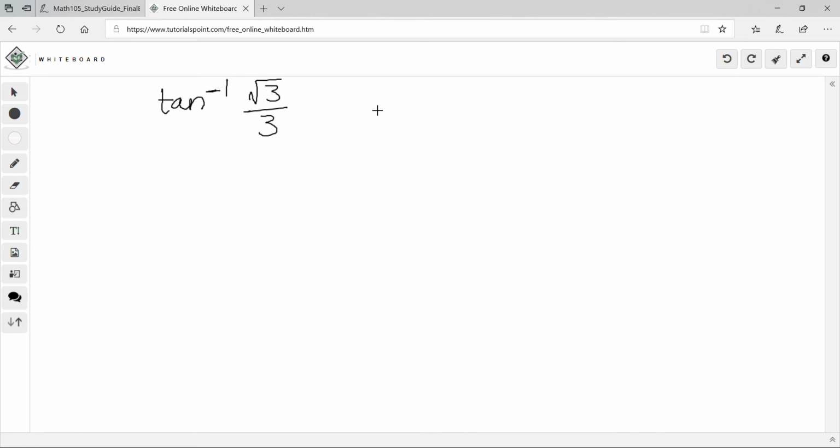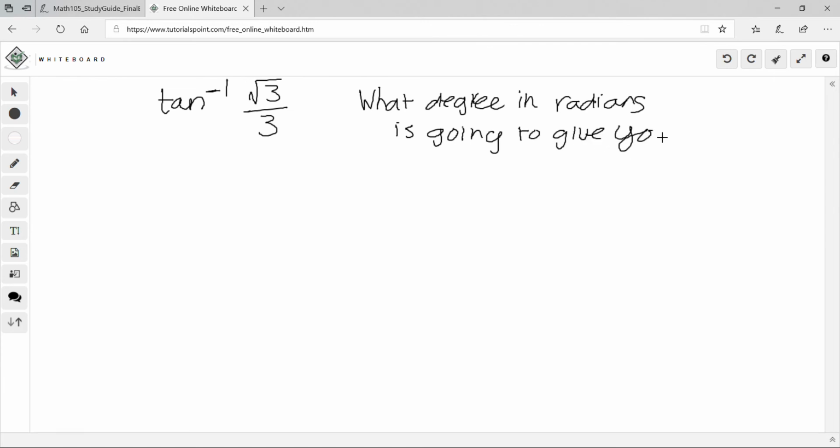So remember, what they're asking is what angle in radians is going to give you a tangent of positive root 3 over 3.